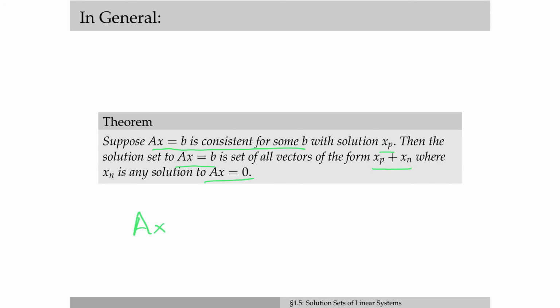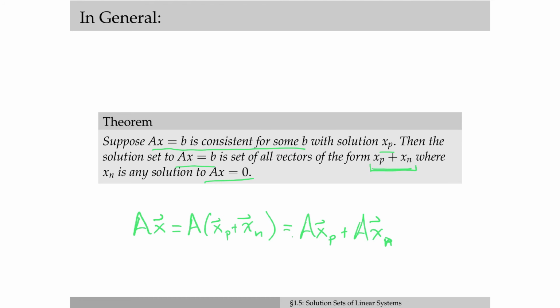So we have AX. I'm claiming that X can be written as XP plus XN. So that's really A times XP plus XN. Well, what's that equal to? That's AXP plus AXN, I'm sorry.